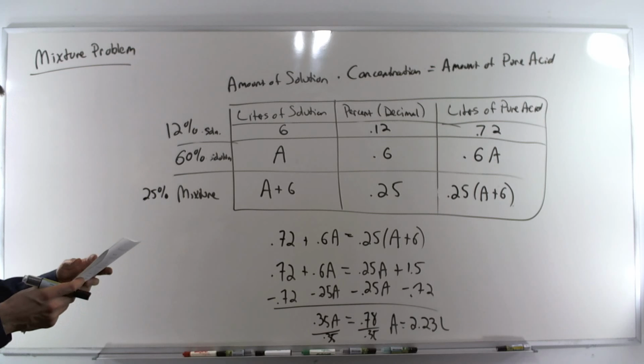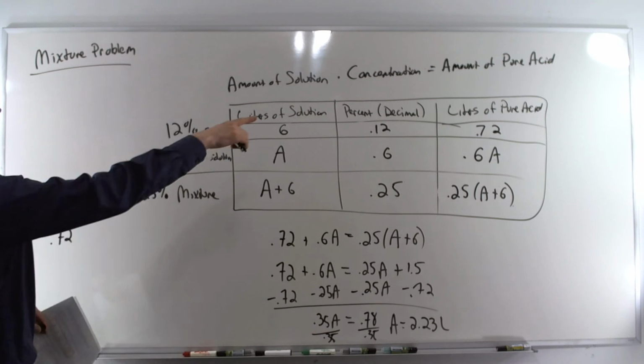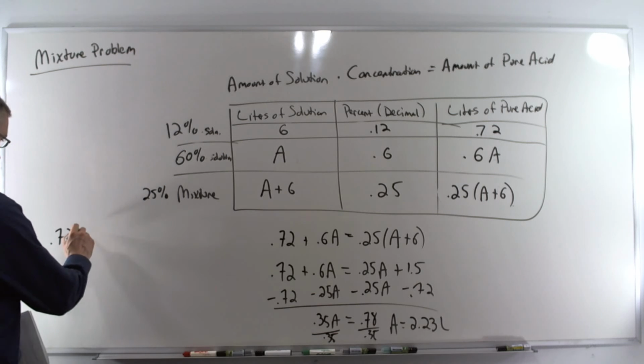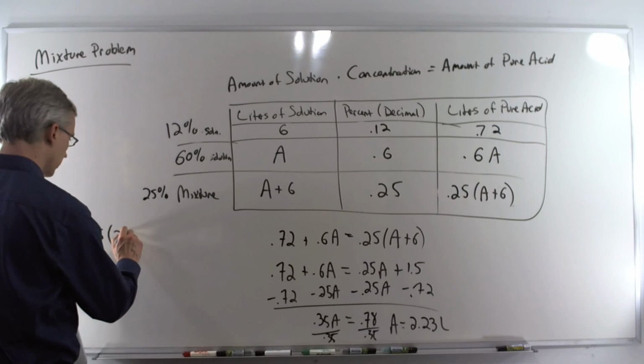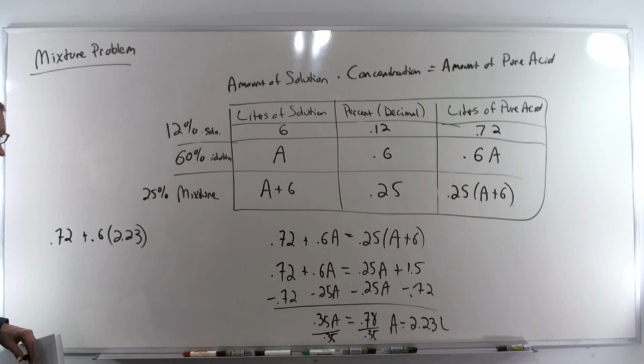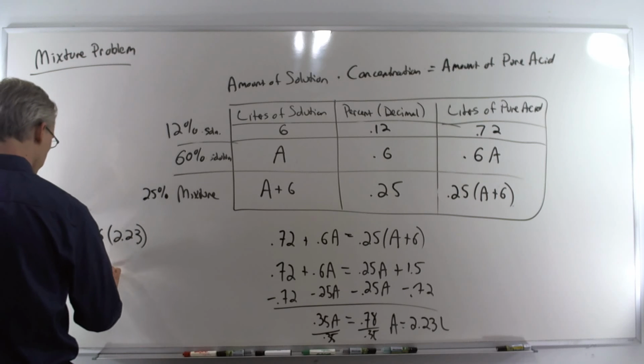So we can do the check then. We know we have 0.72 liters of pure acid plus 0.6 times A, which is 2.23. And we'll see how much pure acid we get. Multiplying that out, we get approximately 2.06.